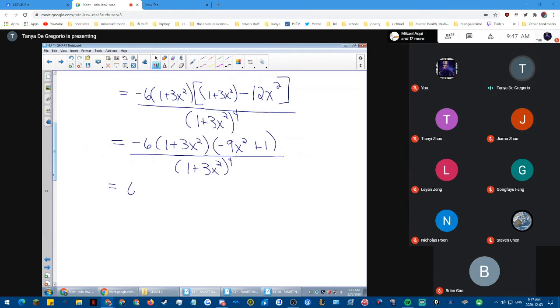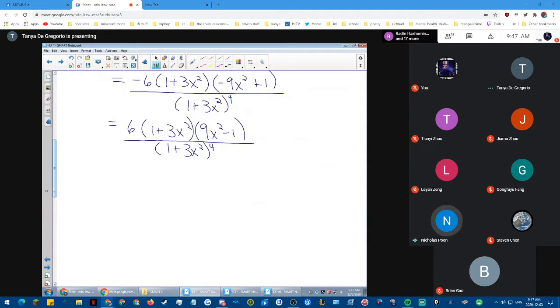Good, and I'm going to factor it out. What can I do next? There's a difference of squares for 9x squared minus 1. Good. Anything else we can do? Cancel out. Good. I'm going to do it both in one step, okay?